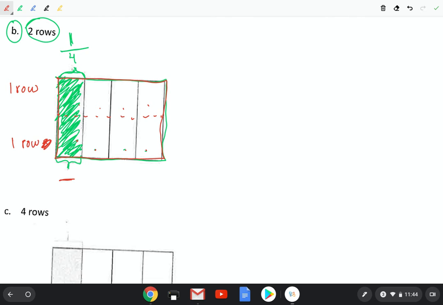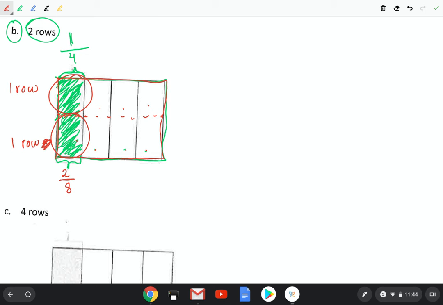So now my denominator is 8. And of those 8 smaller units, I can see that 1, 2 are shaded. So I just created a new fraction by decomposing with the horizontal line. I just created the new fraction 2/8.